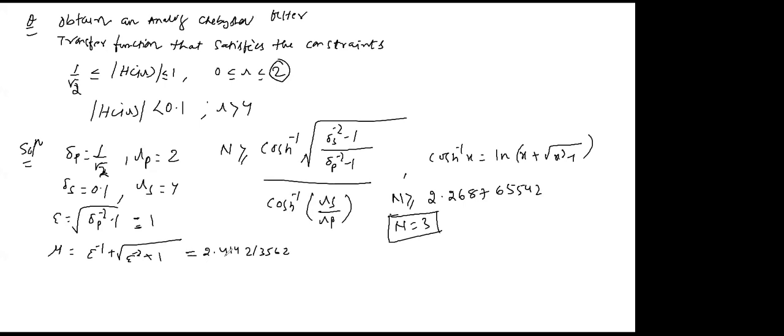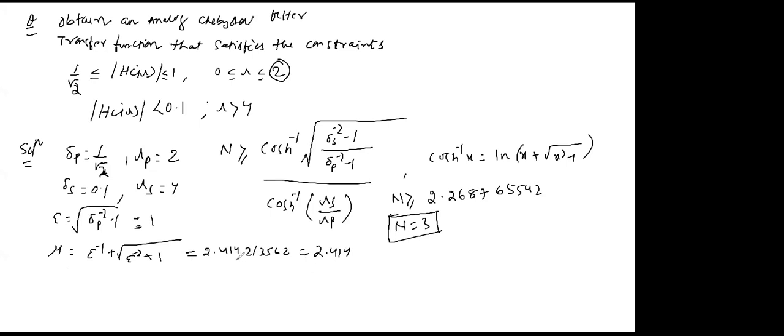For example's point of view, you can say 2.414, but from a practical point of view, you should take as many digits as you can. You should not round it. Okay, fine. Now find the value of a.